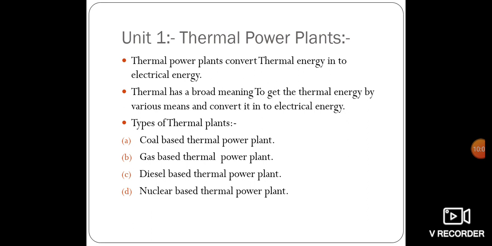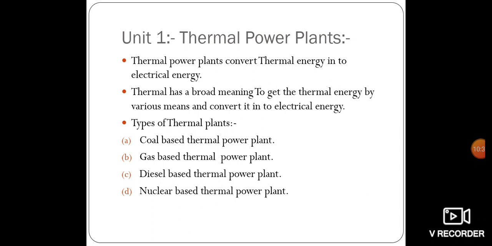Thermal power plants. So now we'll go in detail to know about the working and layout of thermal power plants. Thermal power plants convert thermal energy into electrical energy. Thermal has a broad meaning: to get the thermal energy by various means and convert it into electrical energy. So thermal energy is nothing but the heat energy.